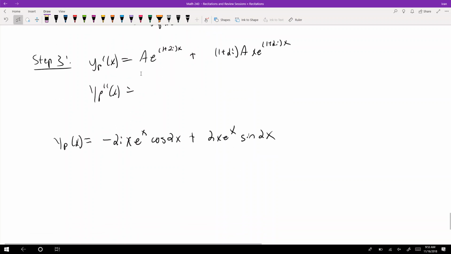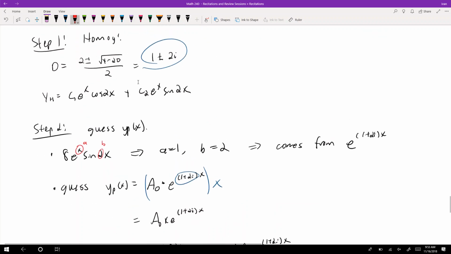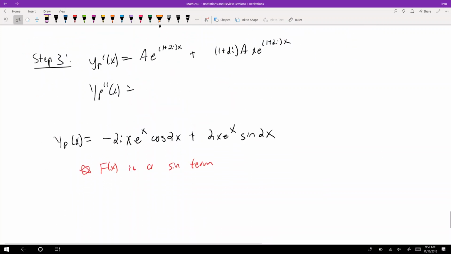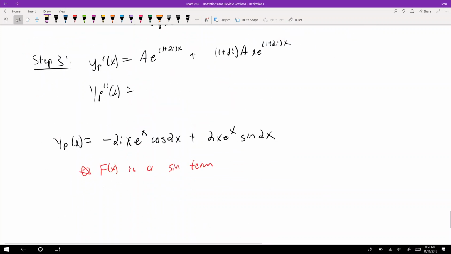And then here's the part that also doesn't sit well with students. F of x is a sine term, right? If you go back up here, f of x is a sine term. It's 8e to the x sine 2x. This means we choose the imaginary solution.